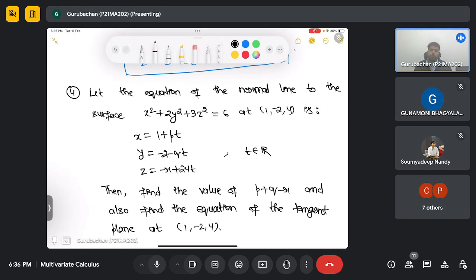So we have been given the equation of the normal line and we need to find the value of p plus q minus r, and after that we have to find the equation of the tangent plane. So again I'm giving you some time to find out what the values will be. 1, minus 2, comma 4 does not lie on the given surface. 1, minus 2 and 4.